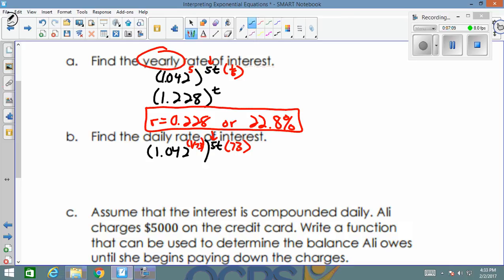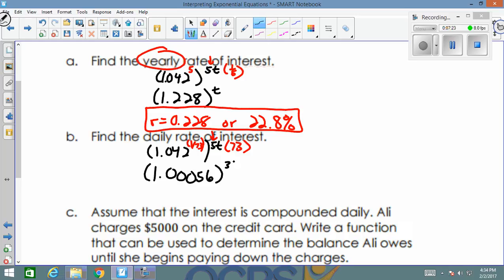Okay, so let's do that. 1.042 raised to the 1 divided by 73. Then I get 1.00056 to the 365t. So my R is 0.00056 or 0.056%.